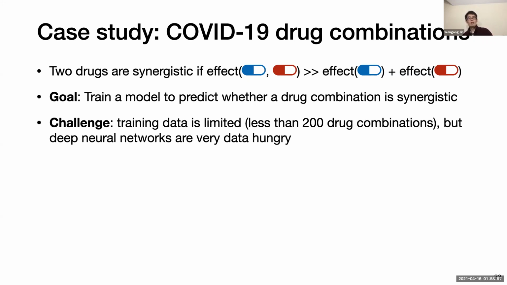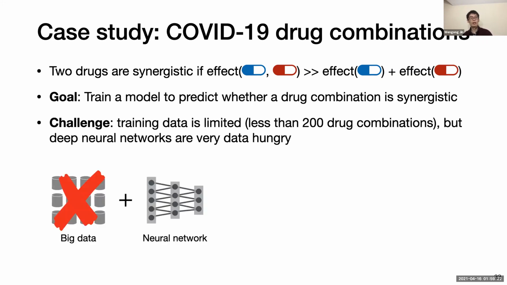But COVID is a really new disease, and we really struggle to get any data. At best, we found a paper that did a really small screening with around 100 or 200 drug combinations with labeled synergy. This is certainly not enough, because graph neural networks are really data hungry. We don't have the big data that neural networks really need.